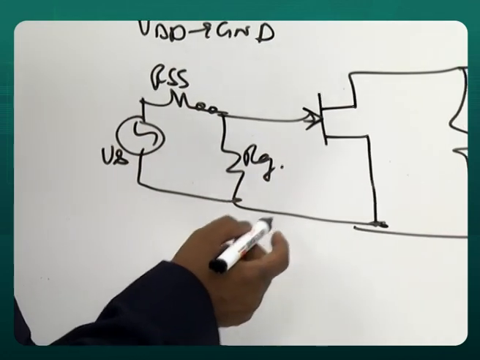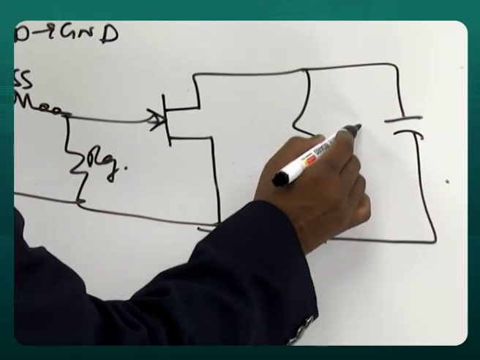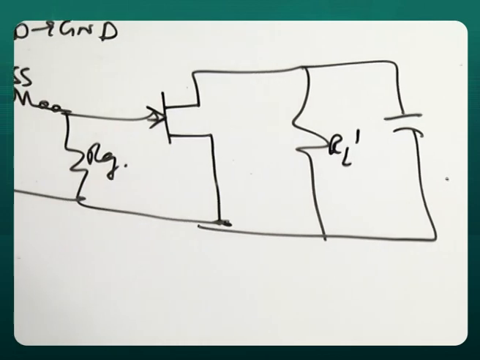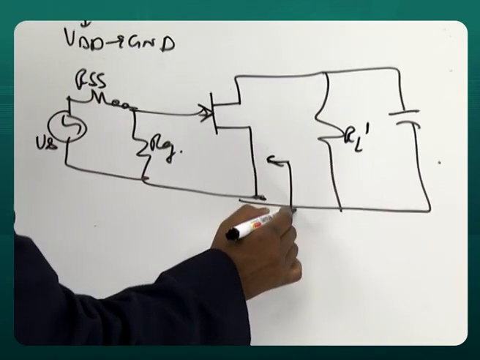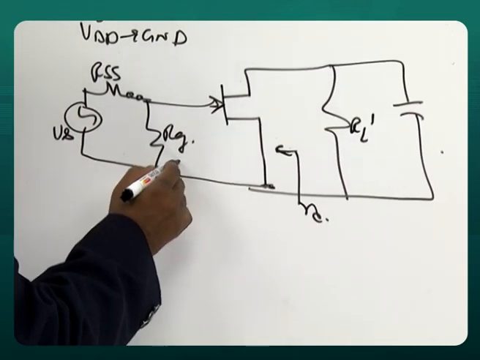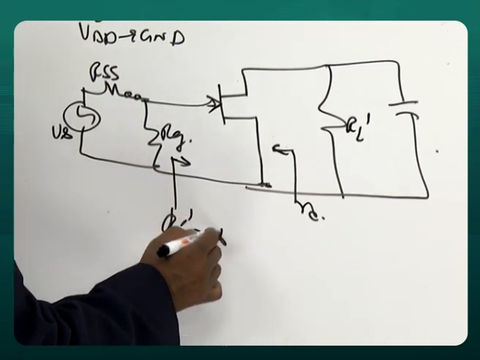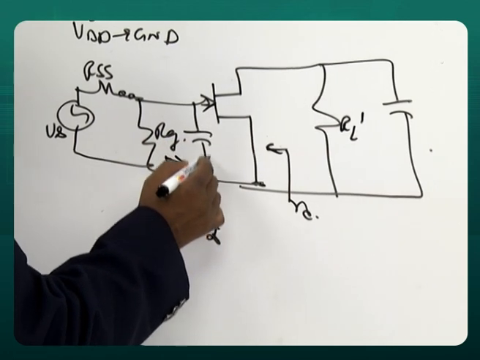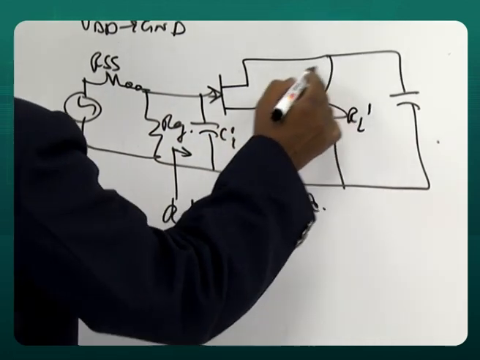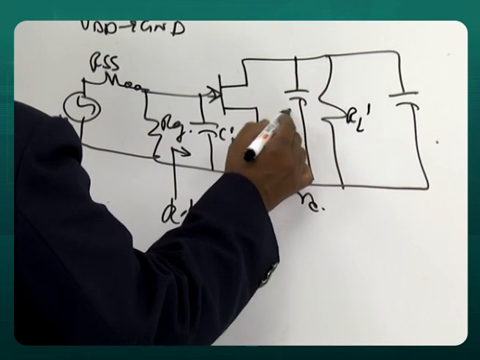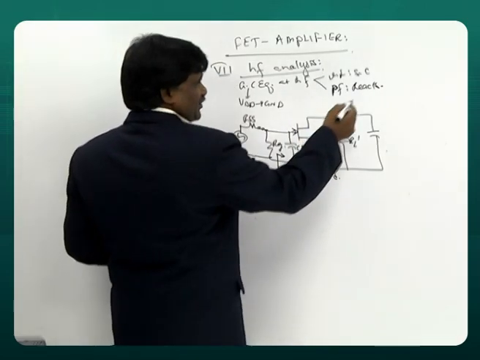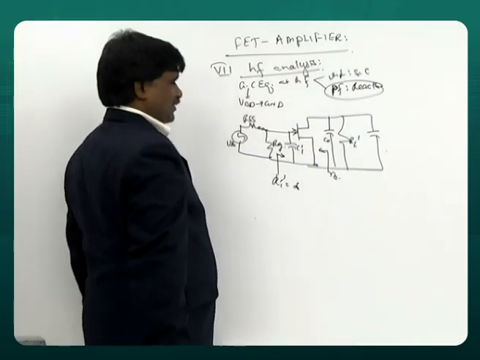No capacitor here, RL dash, small rd, Ri dash. This is input capacitance. We have output capacitance. Why? Picofarad capacitors are available.